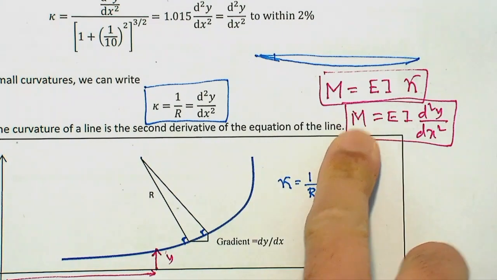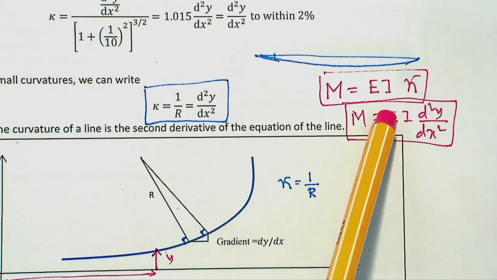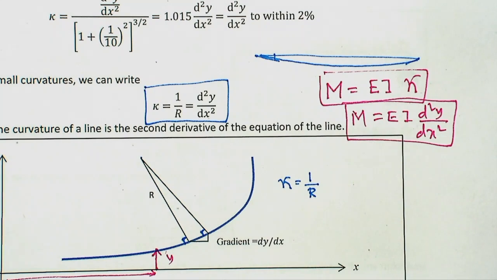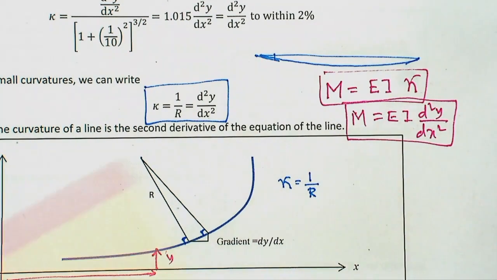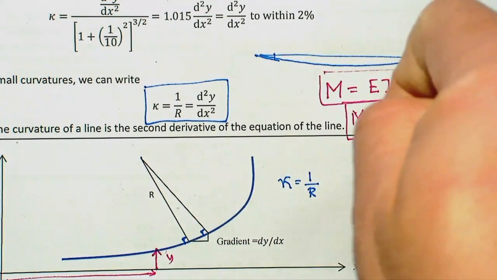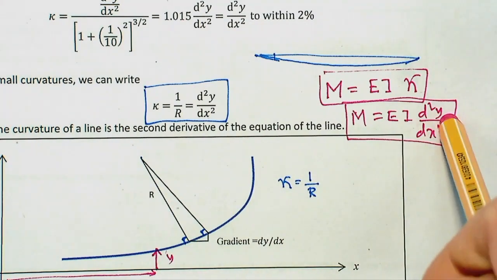If I know the moment, or the distribution of the moment along the beam, and I know E, the property of the material that the beam is made of, and I, the second moment of area, a property of the cross section, whether it's a rectangle, square, circular, angled, or whatever, then from these differential equations I can find the slope, which is dy/dx, as well as the deflection.